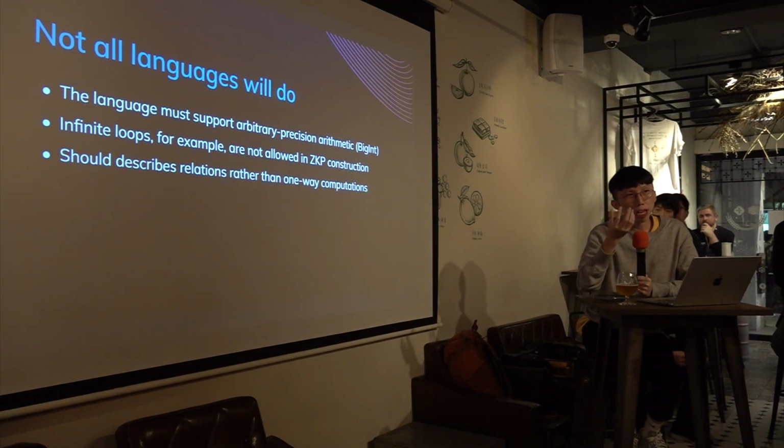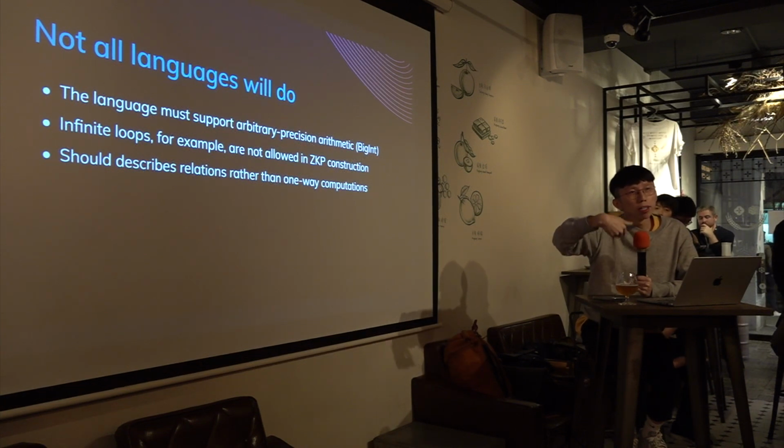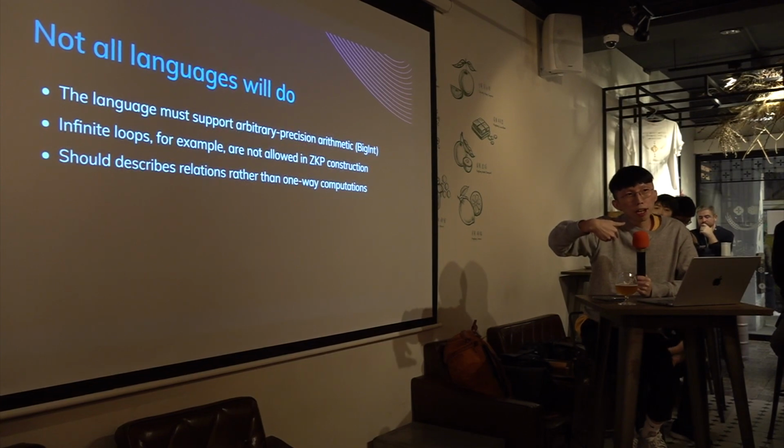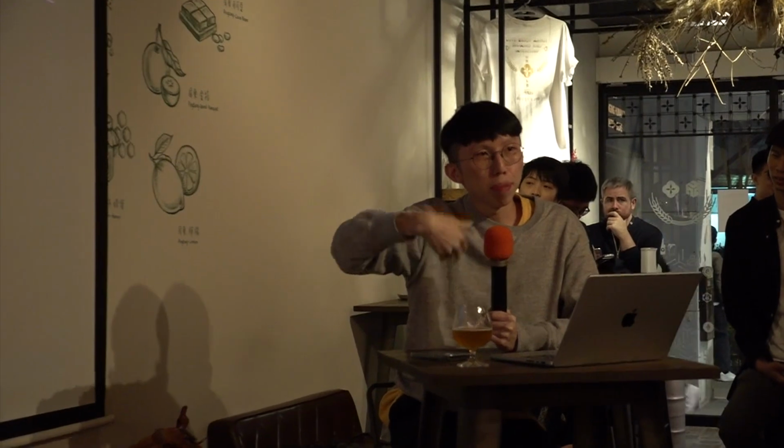In order to get this output, you will need all of these 3 inputs, so this computation is one way. You cannot revert, going from the output back to the input. So the language itself doesn't describe this kind of one-way computation, but rather the relation between all of the inputs and outputs. So there's no direction.